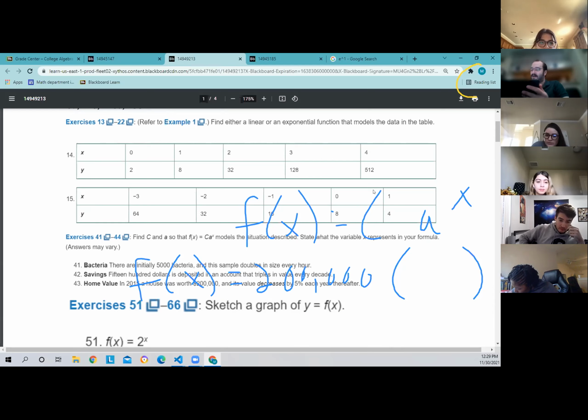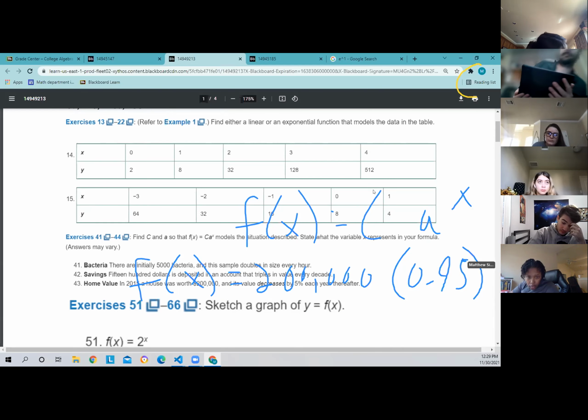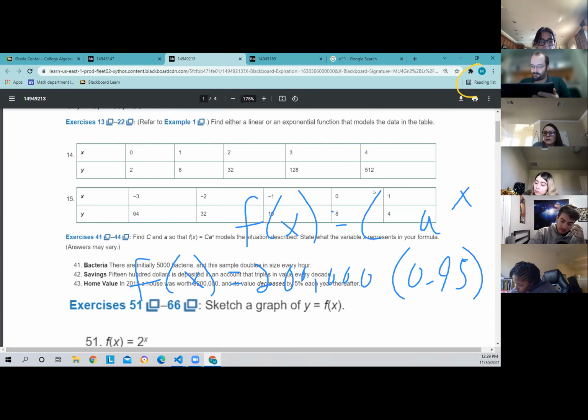Yes, so each time it's going to get multiplied by a factor of what? You mean 95%? But before we go on, why do you put 100 and minus 5, it's going to be 95? I don't understand the process here.